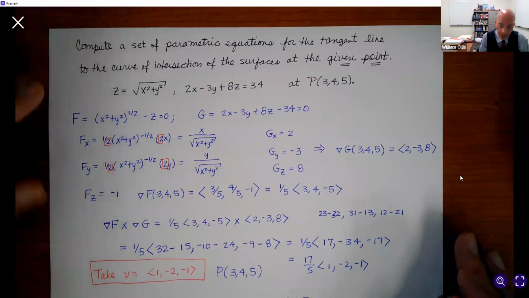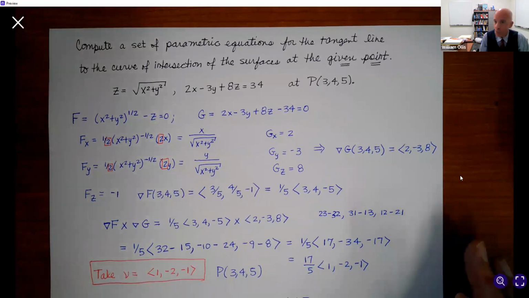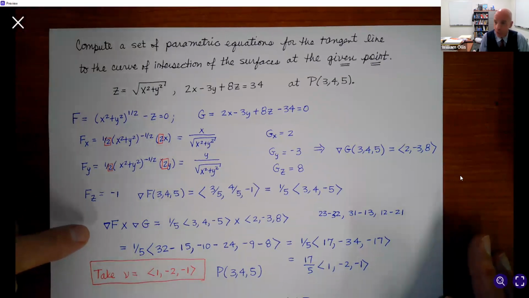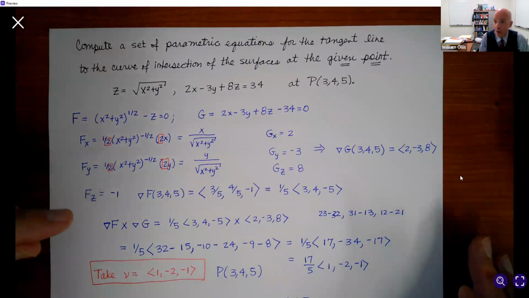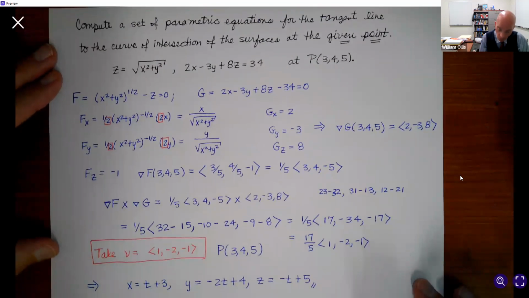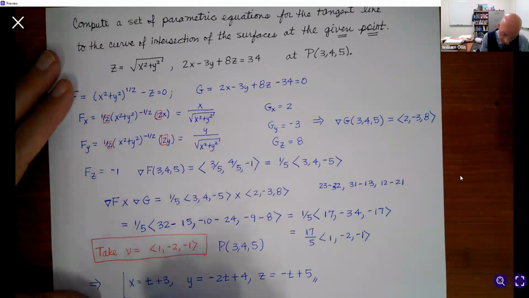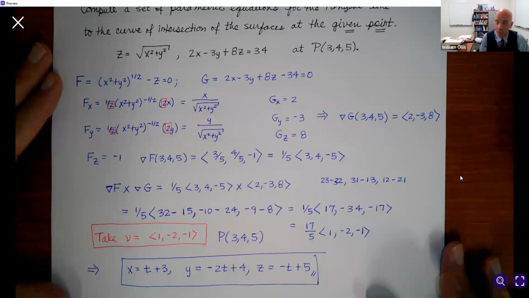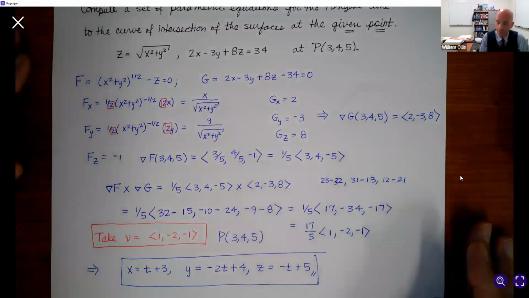So the technique of utilizing the gradient to compute surface normals and then the vector cross product to compute a mutually orthogonal vector, which will align with the direction of the tangent line. And so therefore, we can simply box this, and we have a set of parametric equations, which will complete the problem, and we are done.